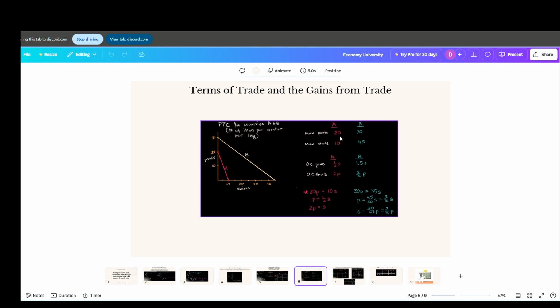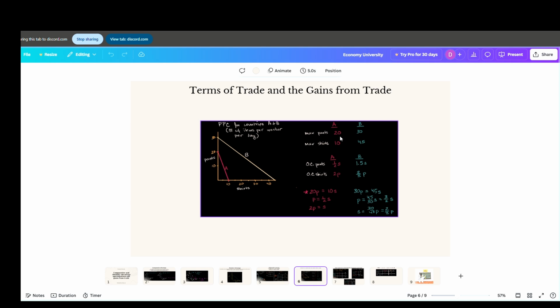And yeah, we can clearly see that country A has a comparative advantage when creating pants over country B, because for each pant country A creates, they sacrifice only half of the shirt, while country B sacrifices 1.5 of the shirt. So for country B, it's very beneficial to trade with country A because through this they will gain more in terms of shirts, so to say.